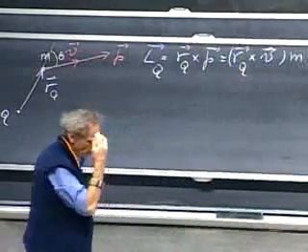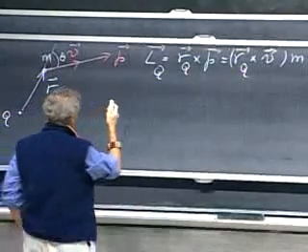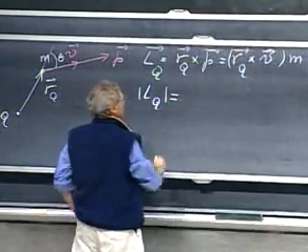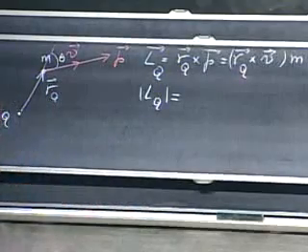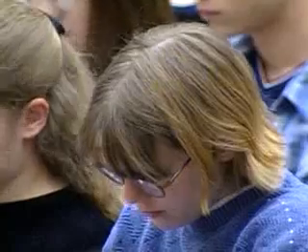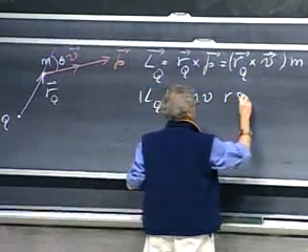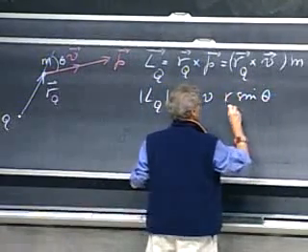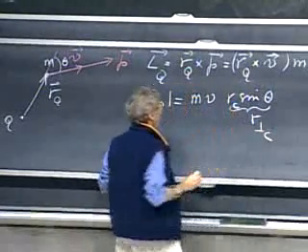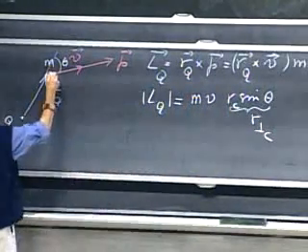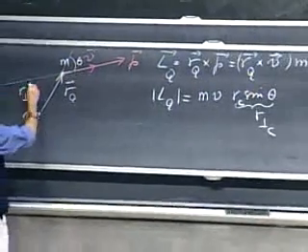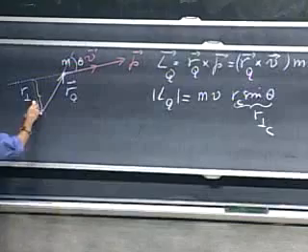The magnitude of the angular momentum relative to point q is of course r m v, but then I have to take the sine of the angle theta. So let's say it is m v r sine theta. And this I often call, shorthand notation, r perpendicular. That r perpendicular is this distance relative to point q.